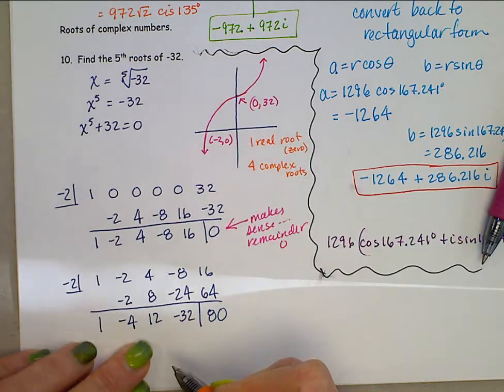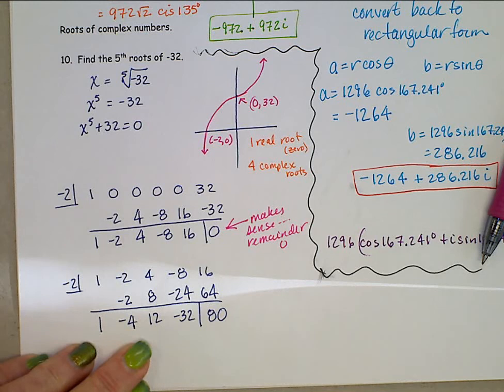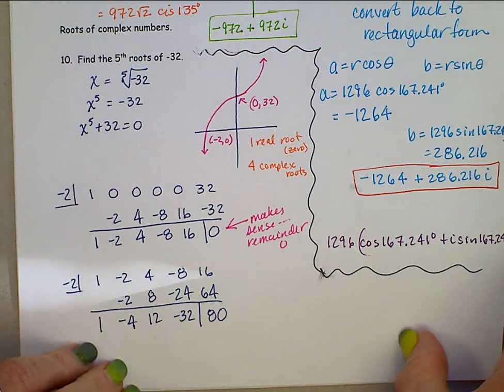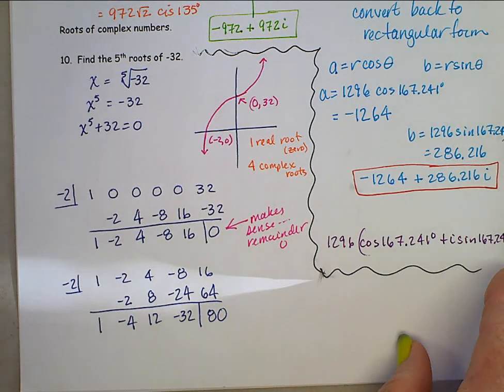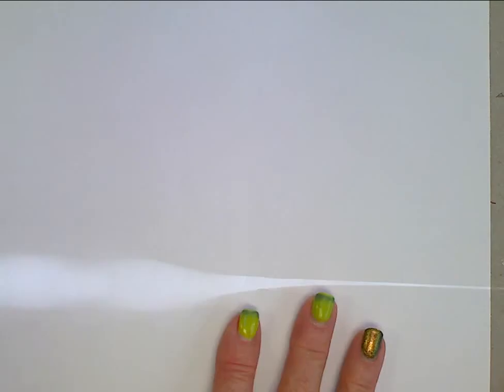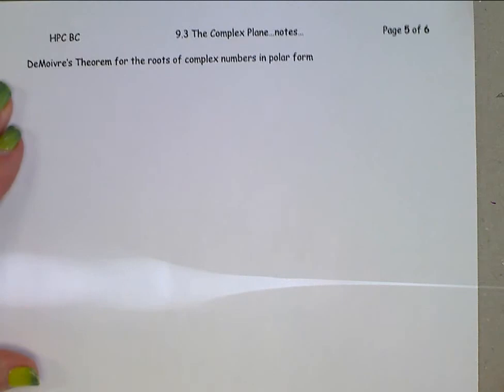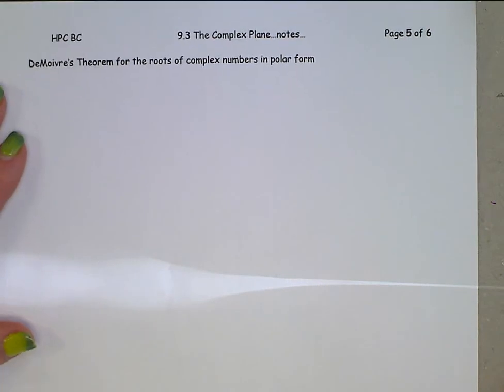Remember that? We had to have a total of 5 roots. All right, kind of stuck at this point. So we need to use something called De Moivre's Theorem for roots of complex numbers in polar form.